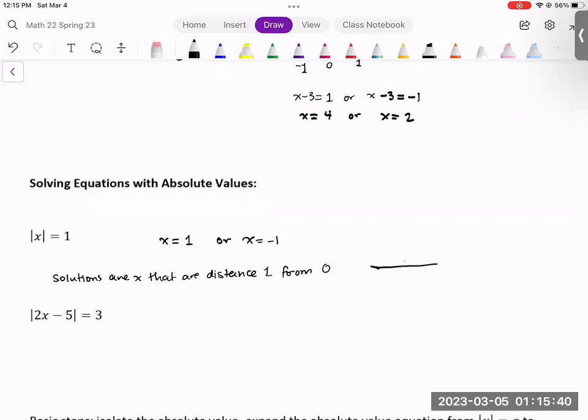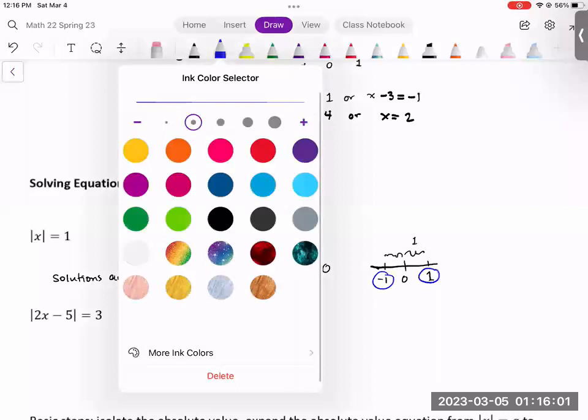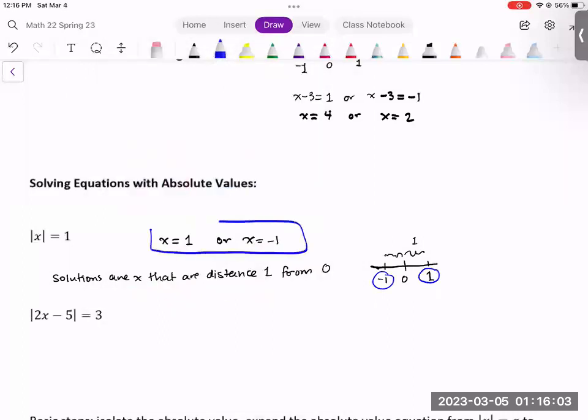Okay, so if we start off at 0 and we move one step to the right, that takes us to 1. If we move one step to the left, that takes us to -1. And so these are our two solutions. Those were the two possibilities. Either we move to the right or to the left.